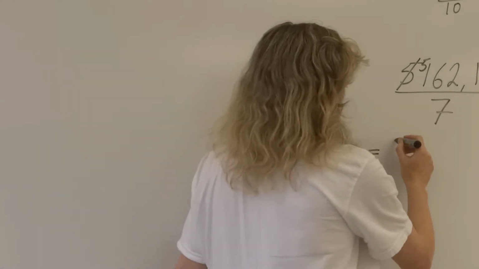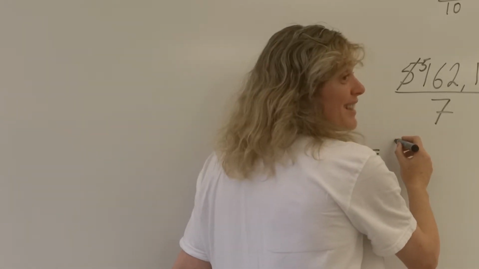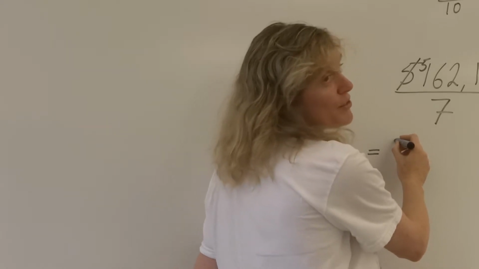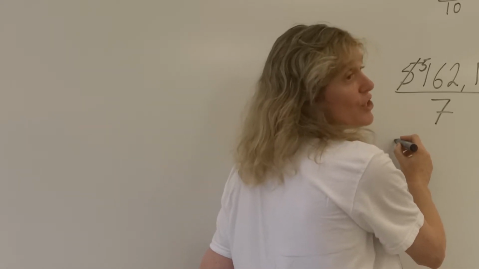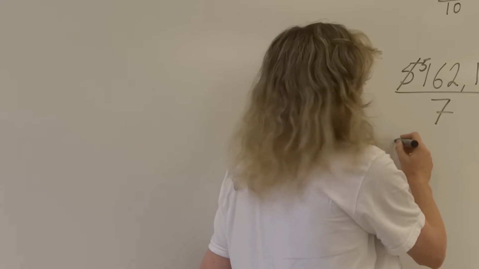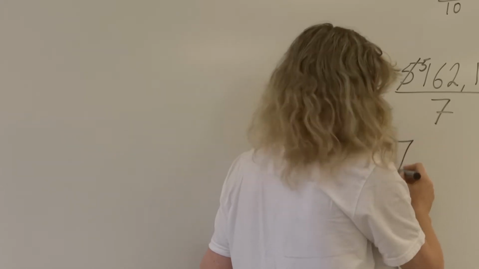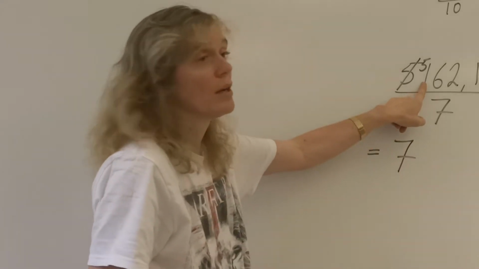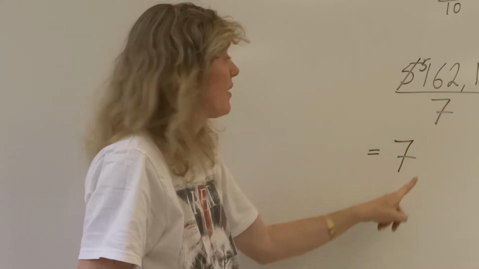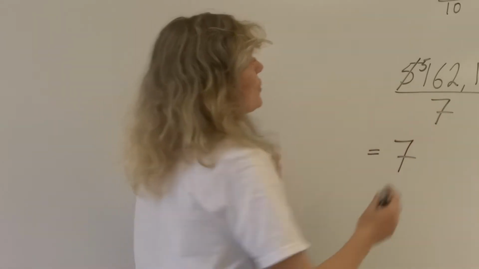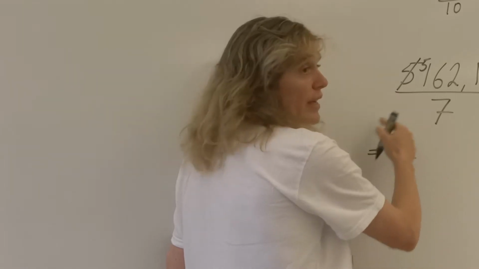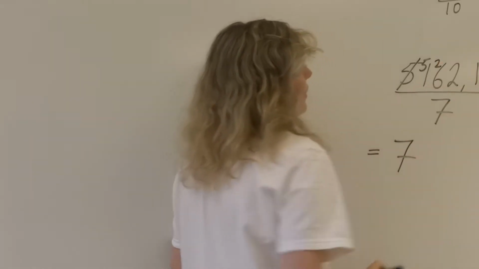How many times? You need to know your times tables off by heart. Otherwise division is really difficult, okay? 7 sevens are 49. And you had 51. So 7 times 7 is 49, you had 51, so how many are left over? We've eaten 49, there's 2 left over.